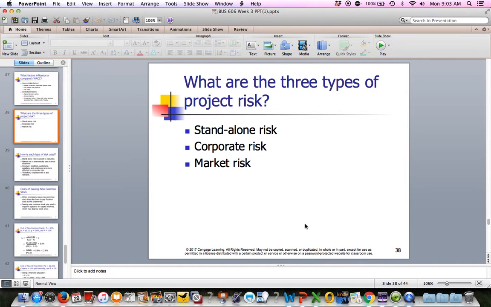And so as we talk about risk, and your chapter also talks about risk to some degree, there's really three kinds of risk that companies have to look at. And this really deals with risk of investing in projects. And companies invest in all kinds of projects. If you're a retailer, it could be I'm going to add new locations.